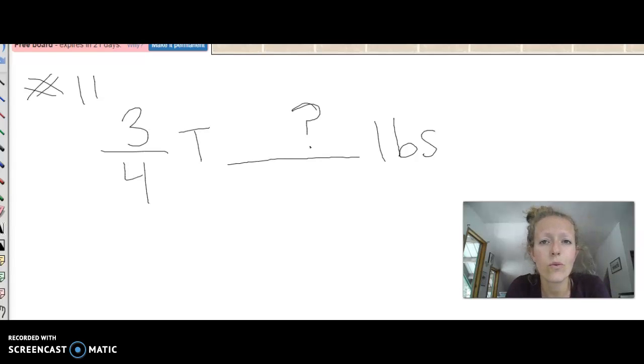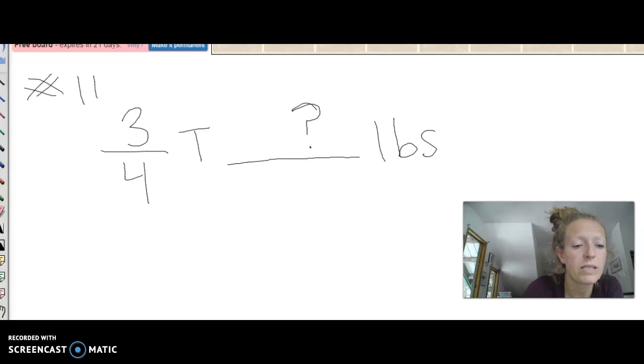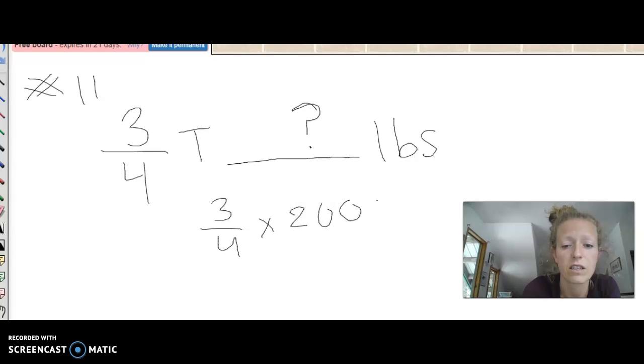So we could do this a couple different ways. We could use our knowledge of conversions and fractions in order to compute the answer, and that would be set up something like this. You would go 3/4 times 2,000 over 1.